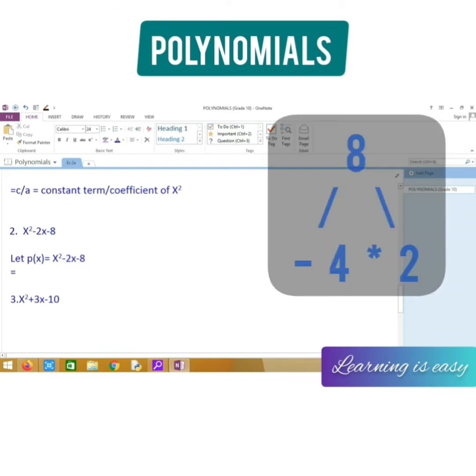So 8 can be written as 4 into 2, and since the x value is minus 2, the 4 is minus 4. So x square minus 4x plus 2x minus 8.